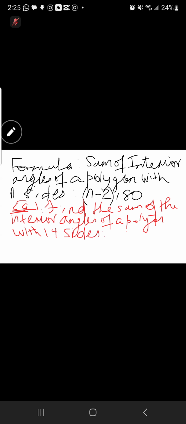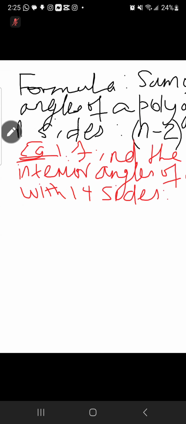Sum of the interior angles of a polygon with 14 sides.